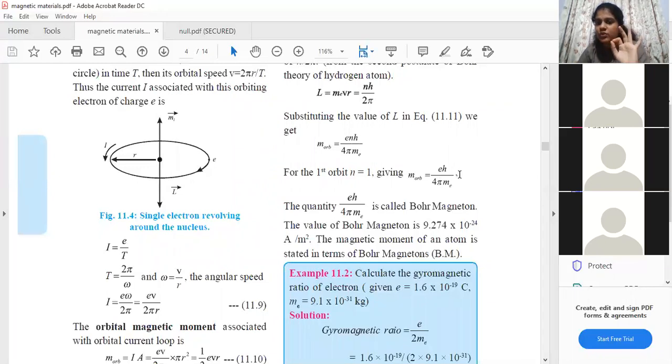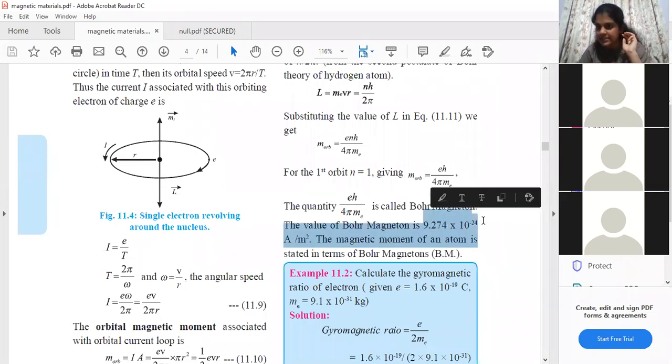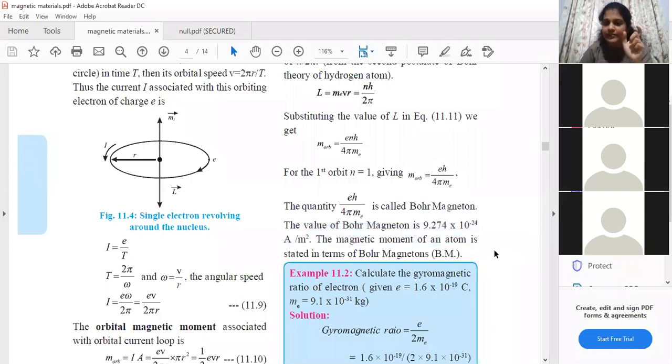If you all observe, students, all these things are constants. e is charge, h is Planck's constant, 4 pi has a value, and m_e is the mass of the electron. So if you substitute all the values, you will get something like this. This particular quantity is called the Bohr magneton, and Bohr magneton is nothing but a unit for magnetic moment, just like ampere meter square.